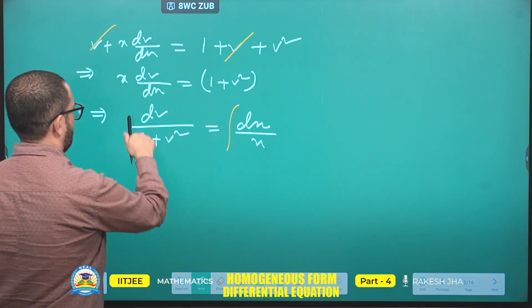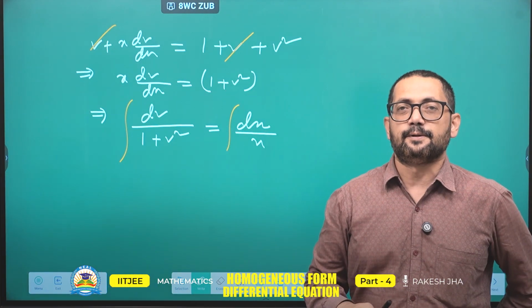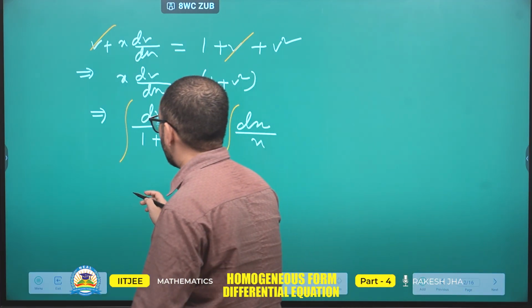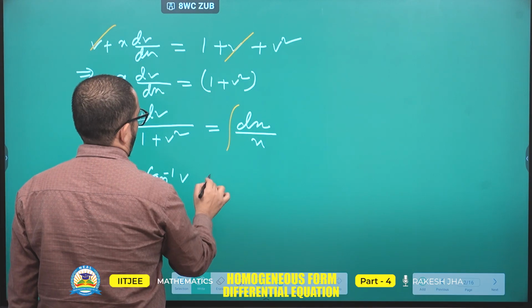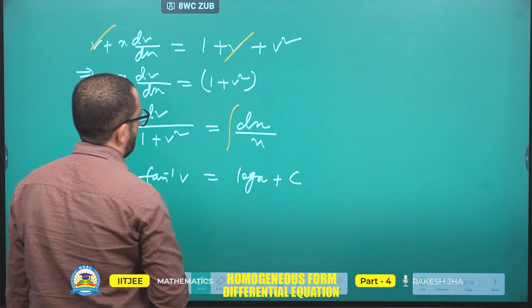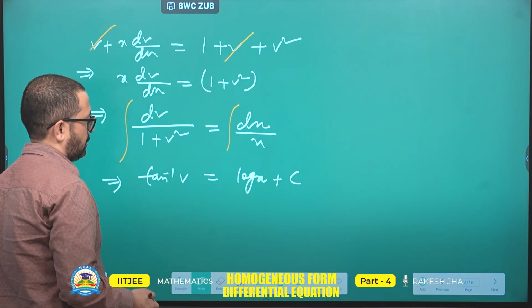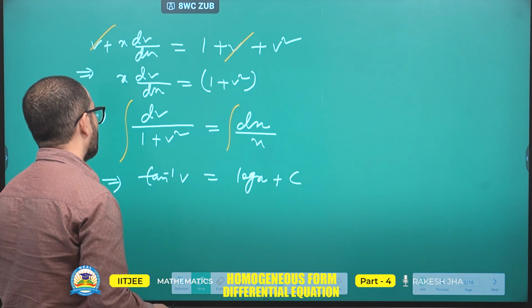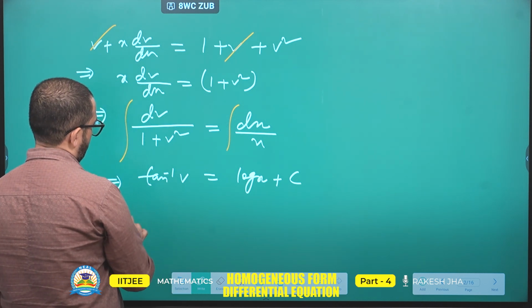Now the next step is to integrate both sides. The integration is very simple: tan inverse v is equal to log x plus c. The next step is to return the value of v.